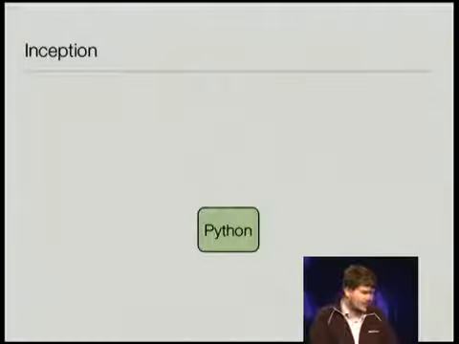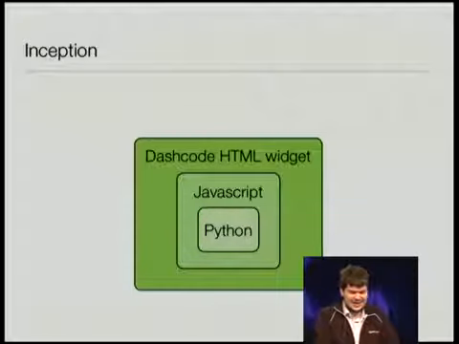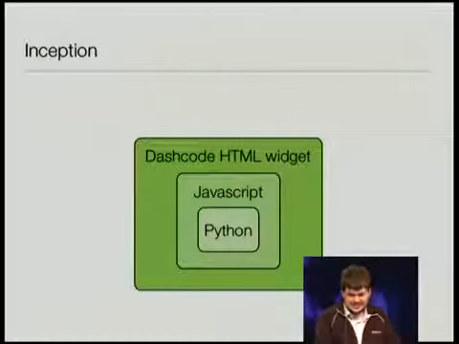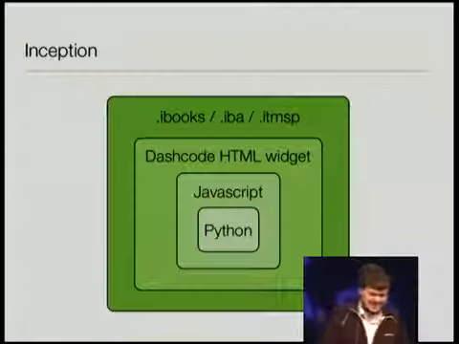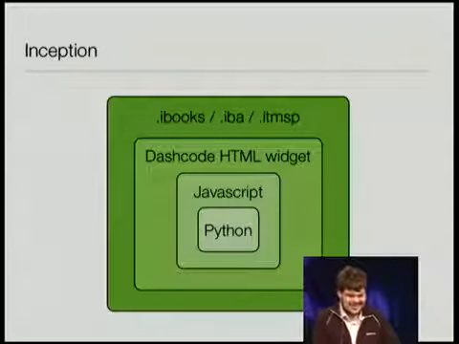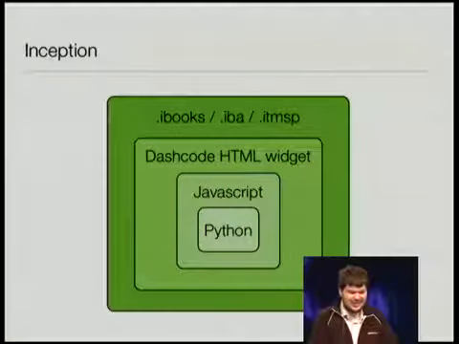The way that I've managed to accomplish this is that you have the JavaScript implementation of the Python interpreter inside of a Dashcode HTML widget, inside of the iBook wrapper. And you're good to go.